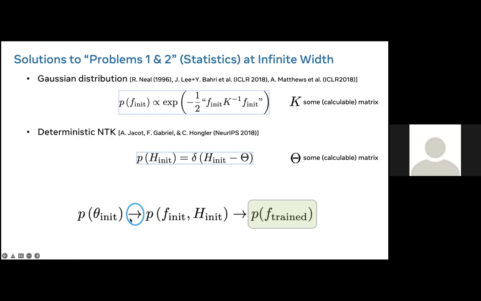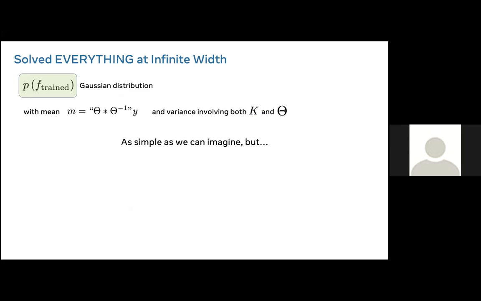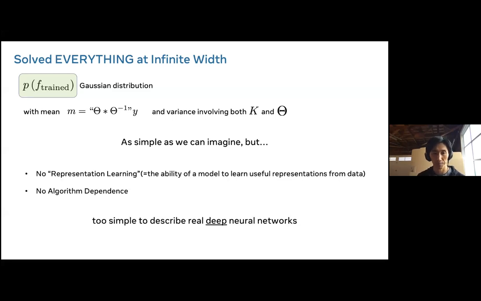Okay, so you establish this first map, and then you basically solve everything in this limit. The distribution of the trained network is a Gaussian distribution, with mean given by this frozen inverse NTK acting on the label y, and a variance involving K and theta that you can write down. So this is as simple as you can imagine, but as the discussion with Sven alluded to, it is missing some key parts of deep learning.